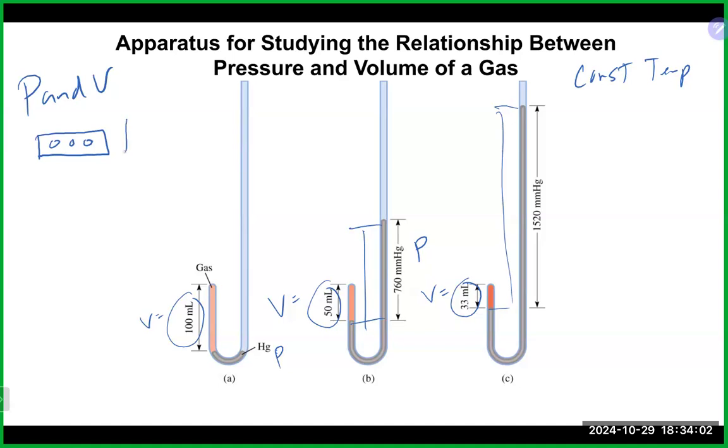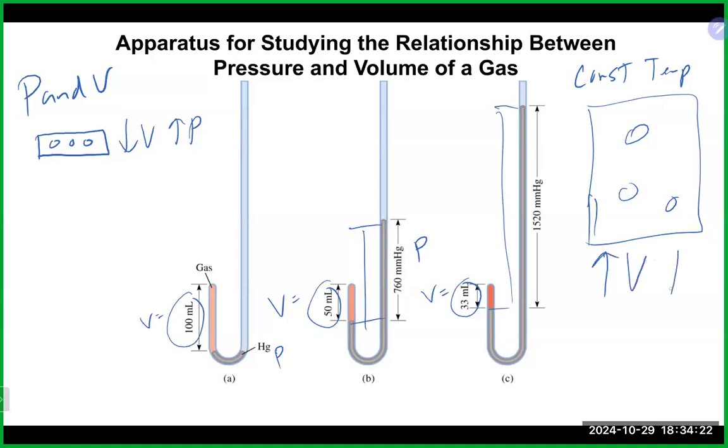The result of that is we will see the pressure increase. The opposite is true if you give everybody a little bit more room to fly around in. They have a much larger volume, which means it's going to take a little longer for collisions to occur. The number of collisions will come down, and so will the pressure. So as the volume goes up, the pressure will go down.